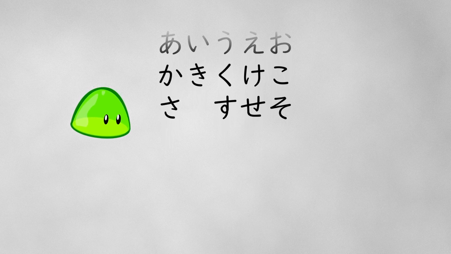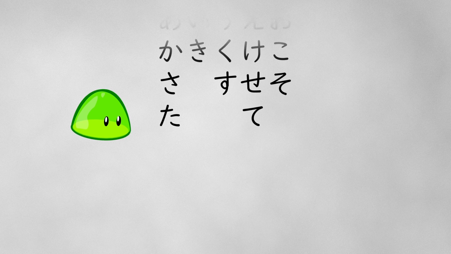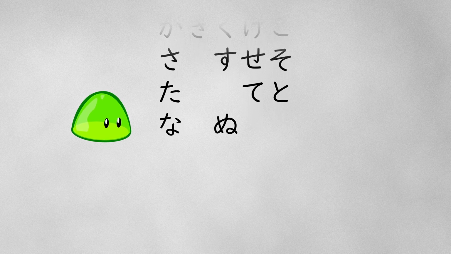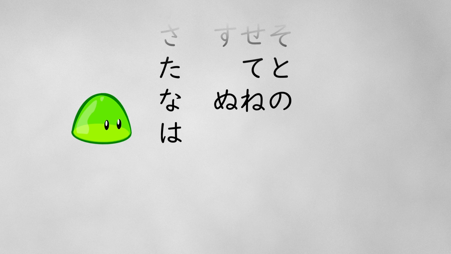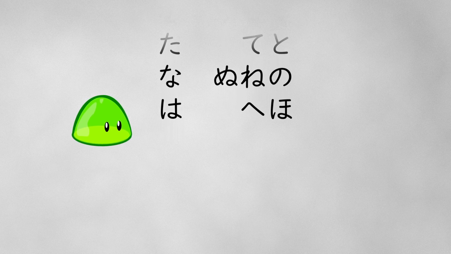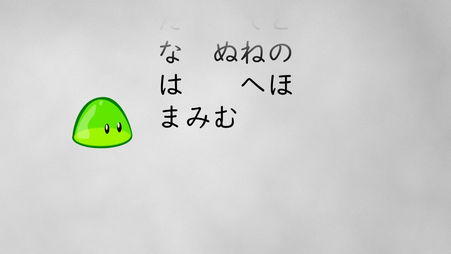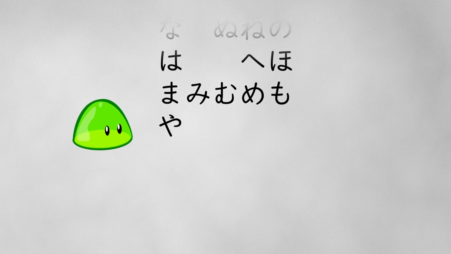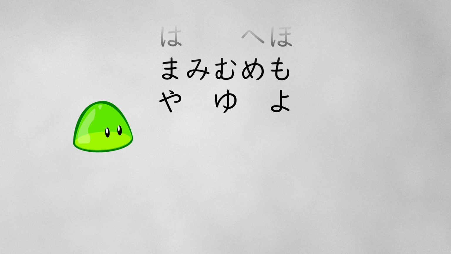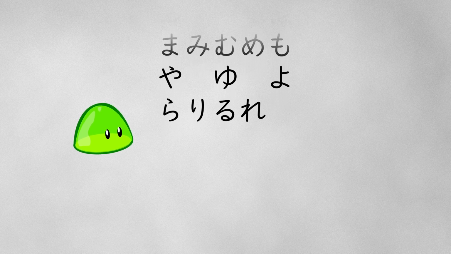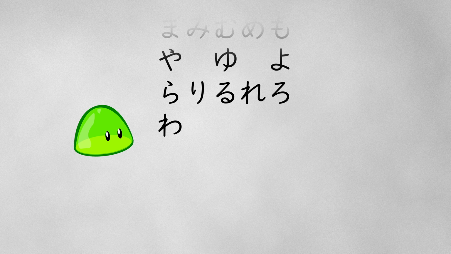First, listen closely. A, i, u, e, o, ka, ki, ku, ke, ko, sa, su, se, so, ta, te, to, na, nu, ne, no, ha, he, ho, ma, mi, mu, me, mo, ya, yu, yo, da, di, du, de, ro, wa.